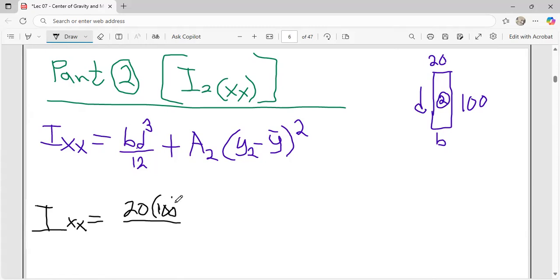So all cube divided by what? 12. Good. From there, plus what? The area 2, we had 2000. Okay, you could remember we had 2000. Then the y2, we had 70.